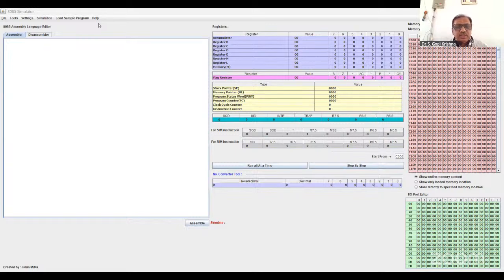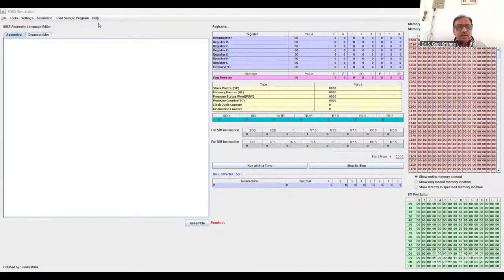So the contents of the register pair designated in the operand are copied into the stack in the following sequence. The stack pointer register is decremented, and the contents of the higher-order register B, D, H, A are copied into that location. The stack pointer register is decremented again, and the contents of the lower-order register are copied to that location.